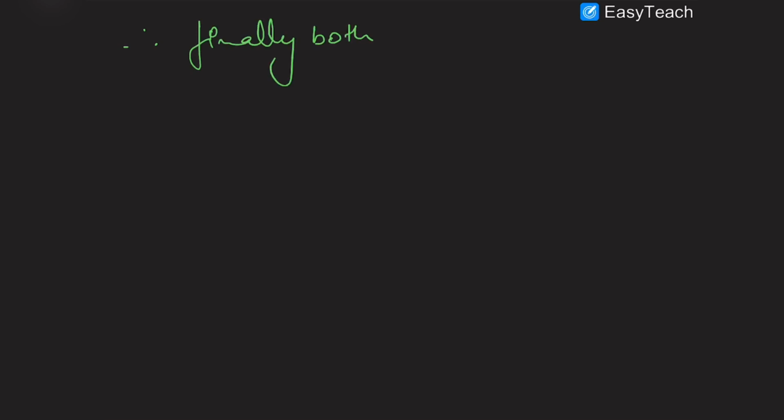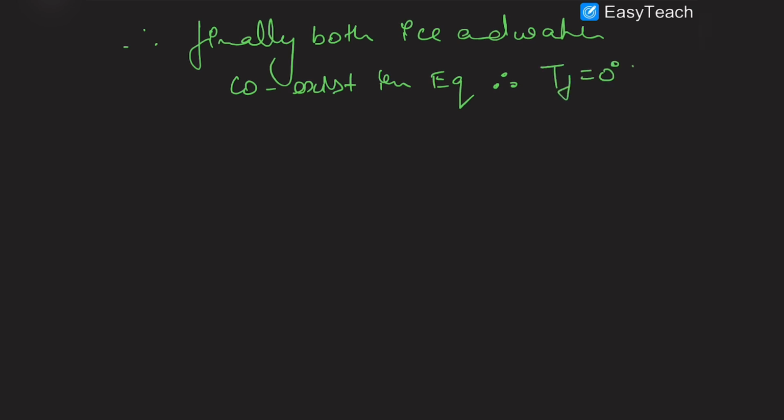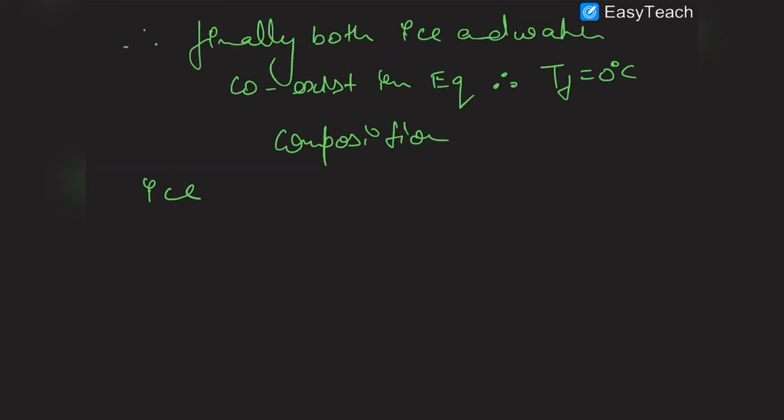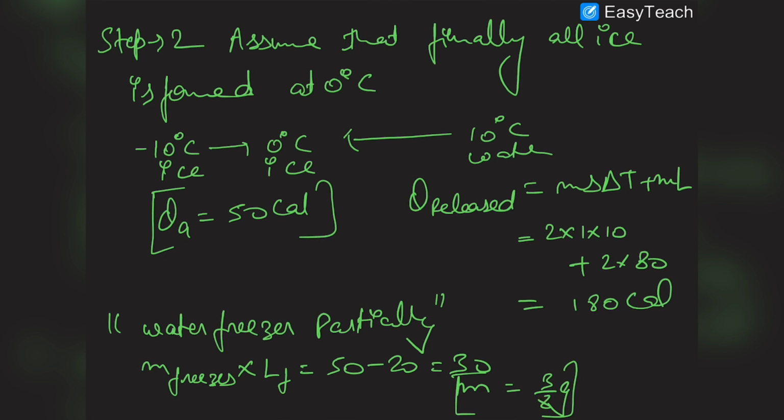both ice and water coexist in equilibrium. Therefore T final will be 0 degree Celsius, and the composition of ice would be 10 grams, since initially ice was 10 grams, plus the amount of water that has freezed, which is 3 by 8 grams.